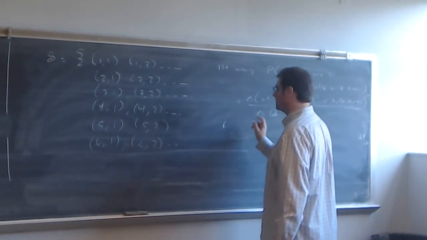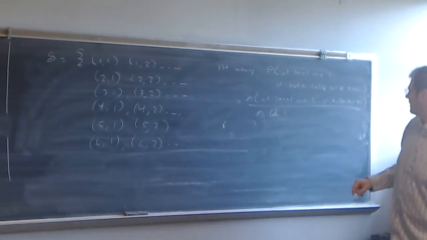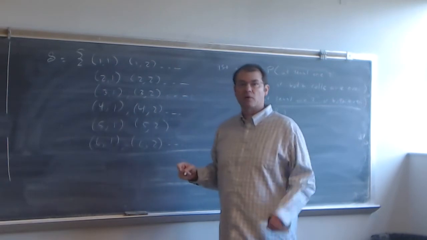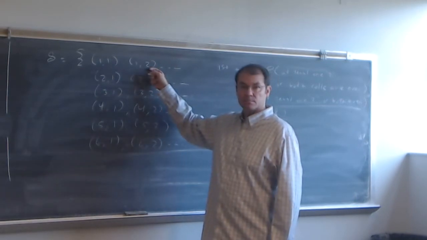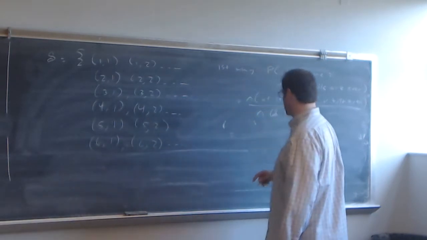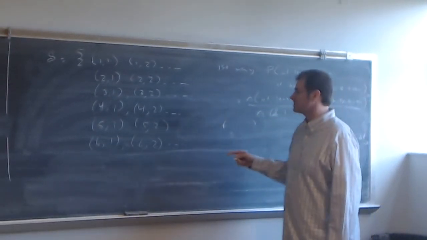So we count the number of rows that have at least one 2 or both being even. In the first row, the number of outcomes for which this happens is just 1. In the second row, it happens 6 times.